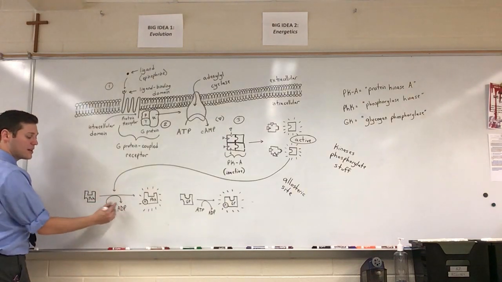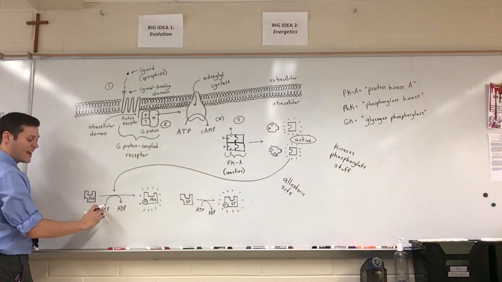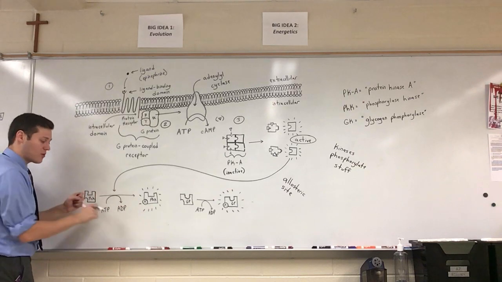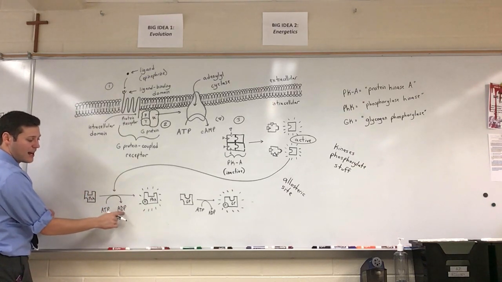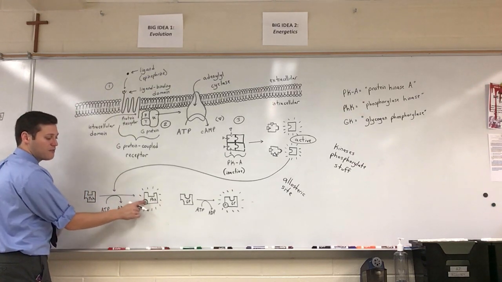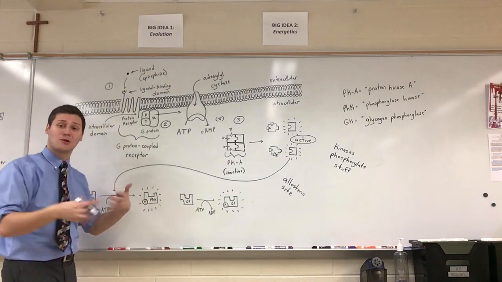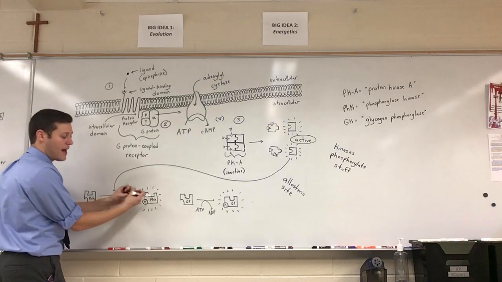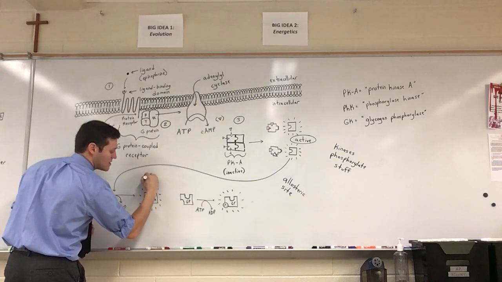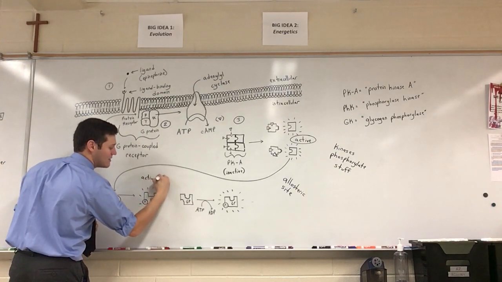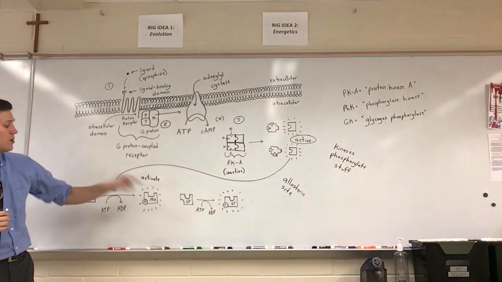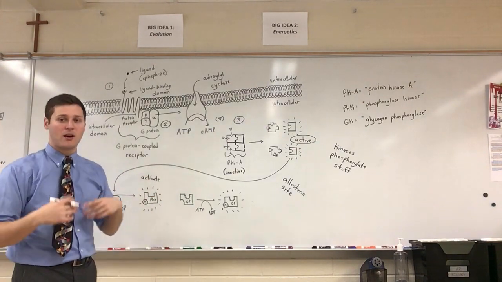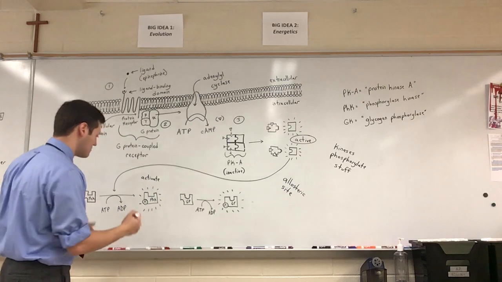It'll be phosphorylated using ATP, so we'll take ATP, take off a phosphate group, make it ADP, adenosine diphosphate. This extra phosphate will bind to, again, an allosteric site, allosteric binding site. Once it binds, it will activate, so I'll put activated. It will activate PHK, or phosphorylase kinase.